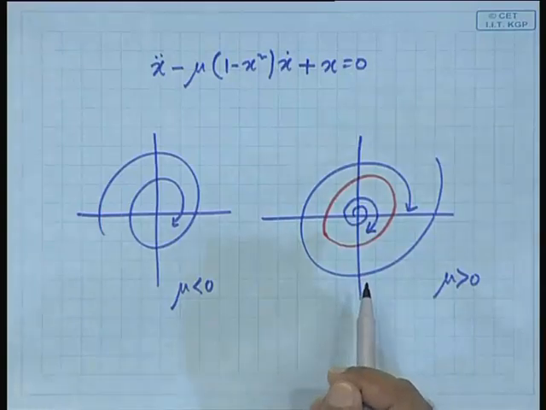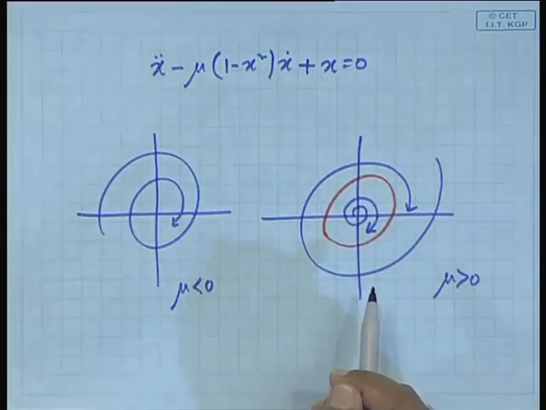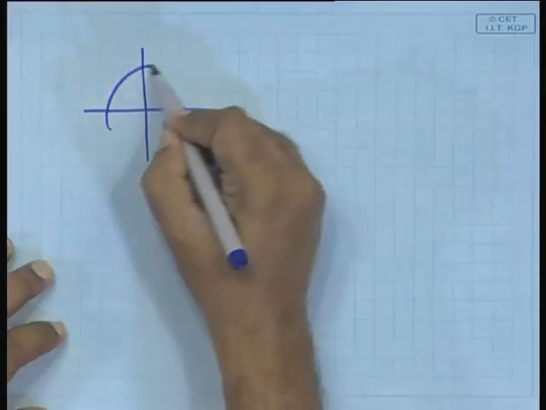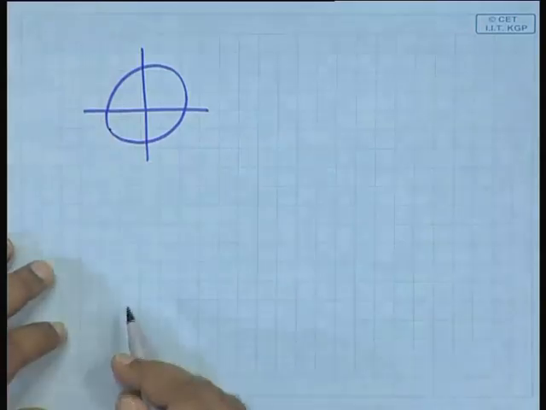Now, one very common misconception, let me first clarify. You have come across situations with such closed orbits. For example, if you have purely imaginary eigenvalues in a linear system, then what do you have? You still have a closed orbit like this. We have seen that.